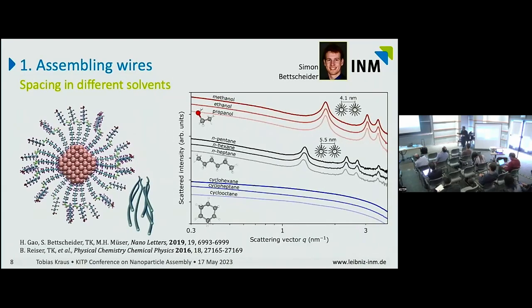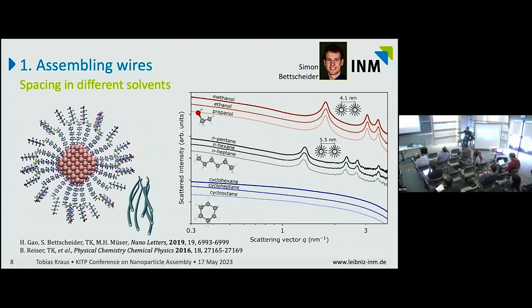So the argument is if you have linear alkanes, then you get solvation by a shell of the molecules which are sticking in here and are somewhat aligned around the wire. If you have these guys, these have a complicated chair-like conformation. They are not at all linear.